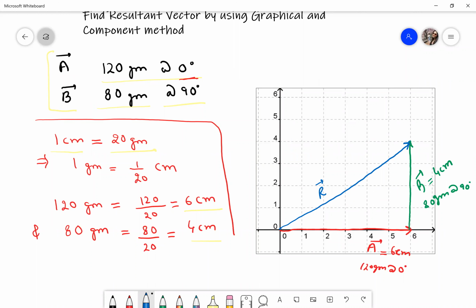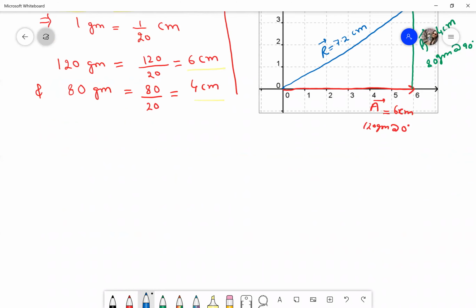If you measure this resultant using your ruler, I got R equals 7.2 centimeter. So 7.2 centimeter is my resultant. From this graph, we can convert this centimeter using our conversion factor and get this in grams.